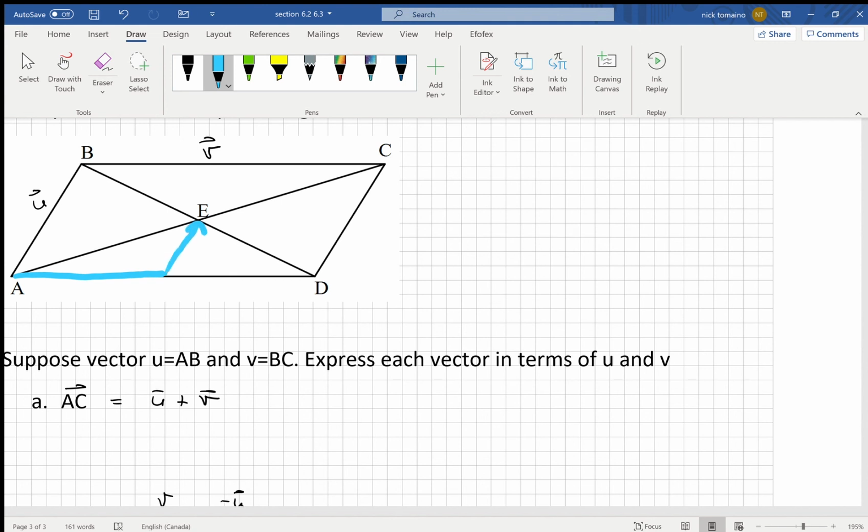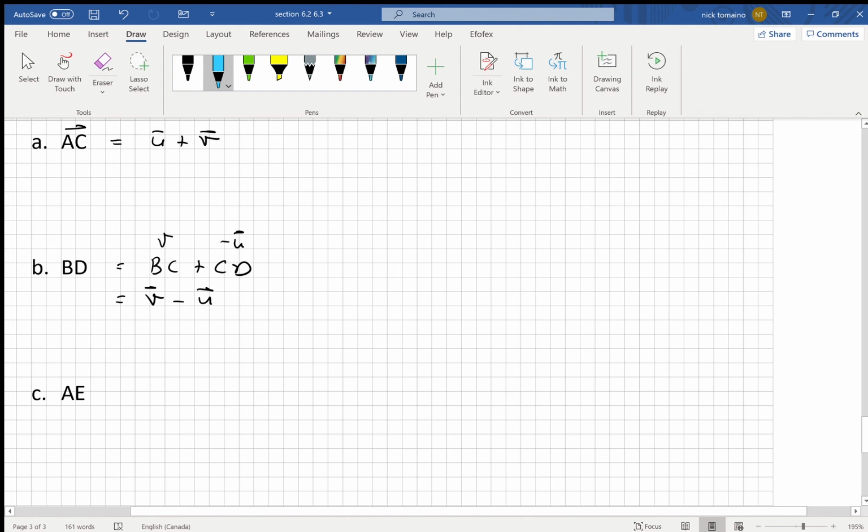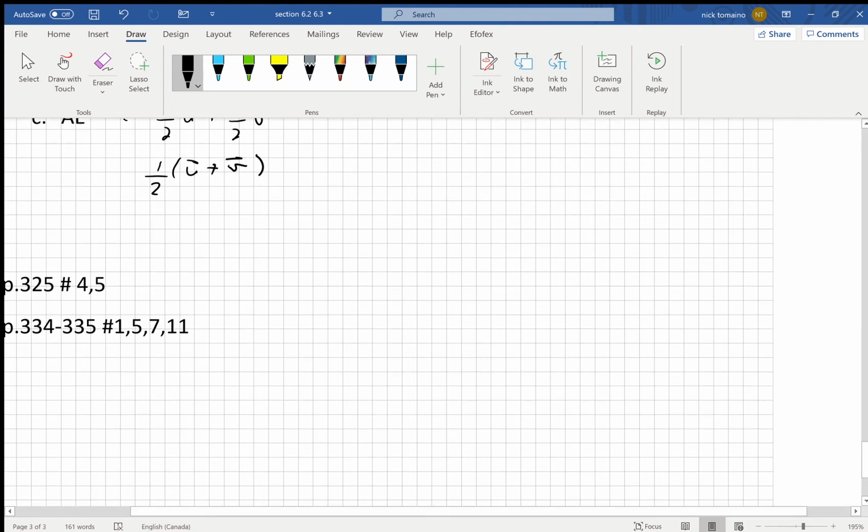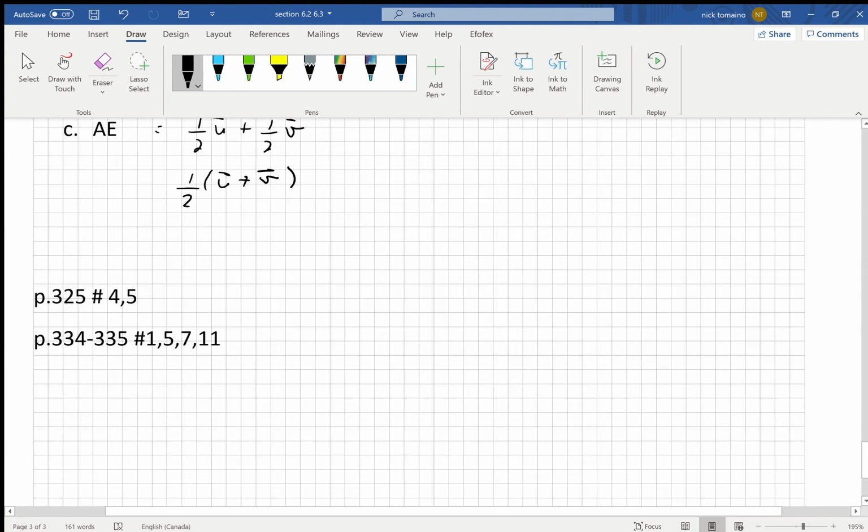What we have here is that this is half of V, there's the other half, and this is half of U. So it's just going to be half U plus half V, or 1/2 times the quantity U plus V. I don't care which way you write it, it's the same thing. This is sort of factored form. Excellent, and there is your work for today.